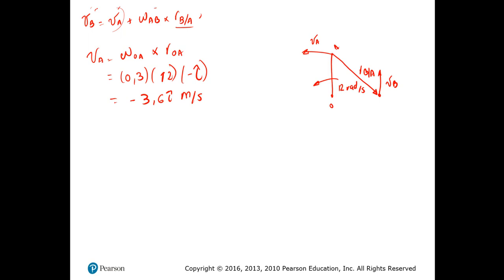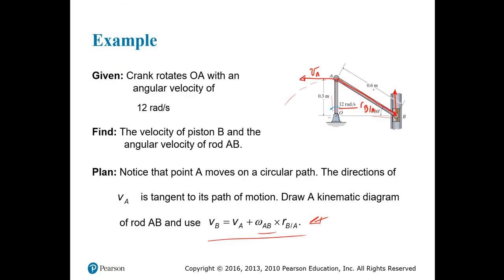Then I can start writing the equation as follows: V_B j equals V_A, which is minus 3.6 in the i direction, plus omega_AB, which always goes in the k direction, multiplied by this vector. If we go back, we have a triangle formed with 0.3 here, then this is 0.6, and with the cosine of 30 we can find how much we have right there.